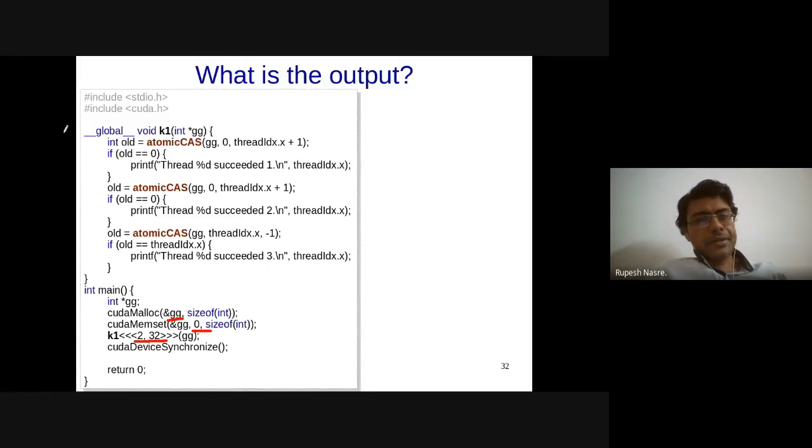There are 3 printf statements which might get printed because of 3 different atomics followed by conditionals. So let's discuss step by step. Which thread prints the first printf?